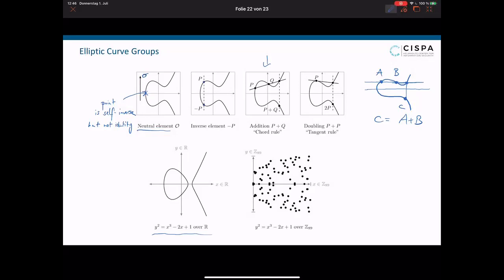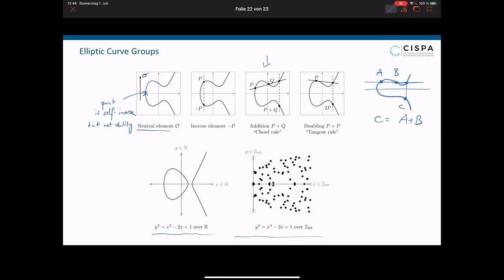Now when we actually want to do crypto with these elliptic curve groups, we define them over a finite field, right? And then all this nice visualization is out of the window. You can still think that every line through such two points works, but you need to be careful: a line in this finite field wouldn't correspond to a two-dimensional line here.